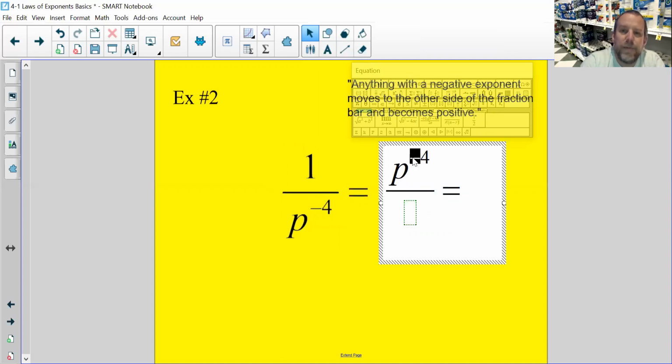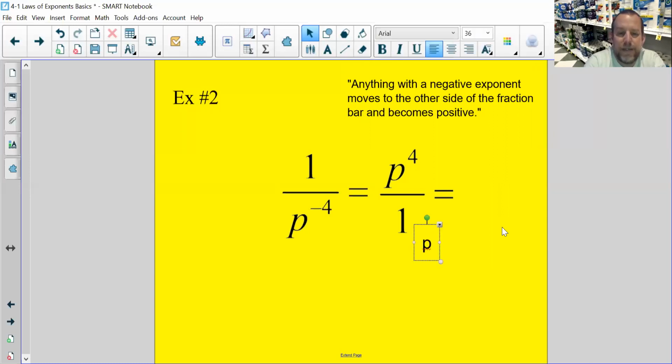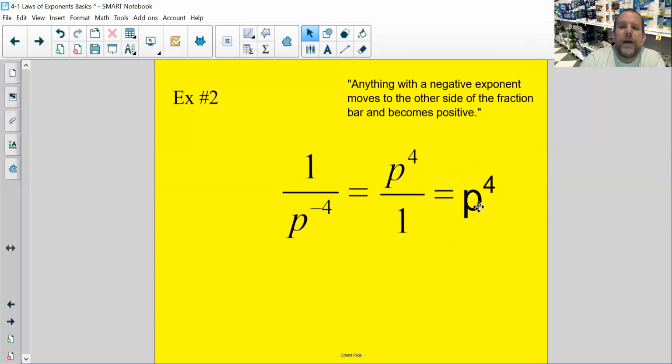We need to remove the negative, and then if we wanted to hold the bottom spot with something, it would be a 1. We don't have to write p to the 4th over 1. We can just write p to the 4th power. Sorry about the font change there. It bothers me too. So you would just skip this middle step and say, this is 1 over p to the negative 4th. It must move to the numerator and become p to the 4th.